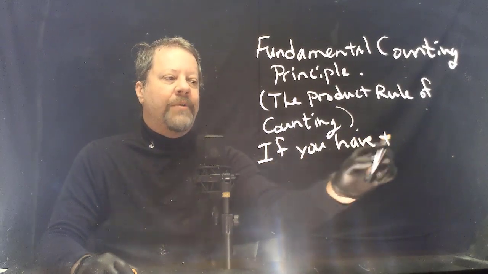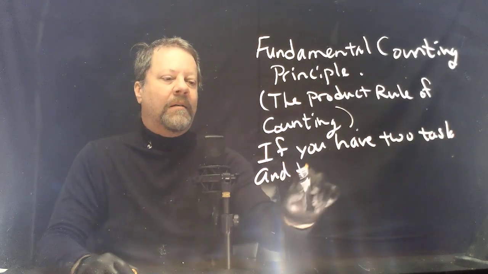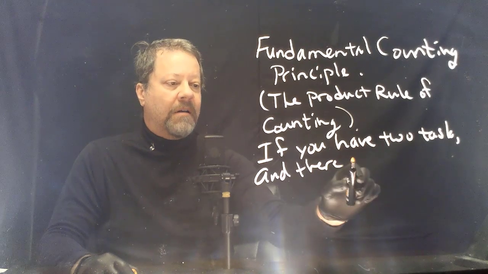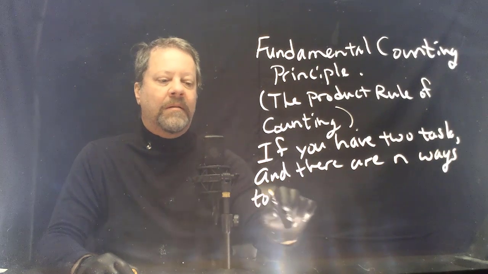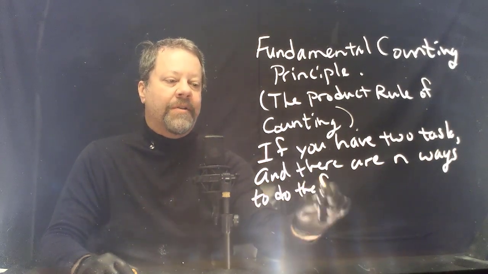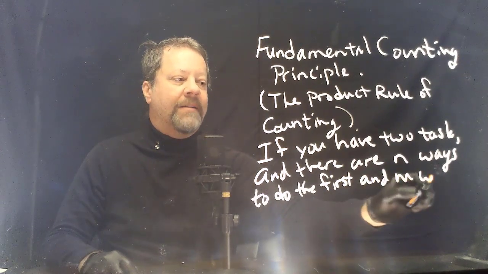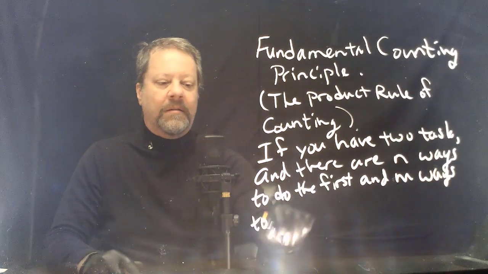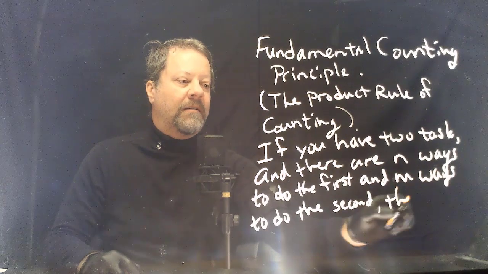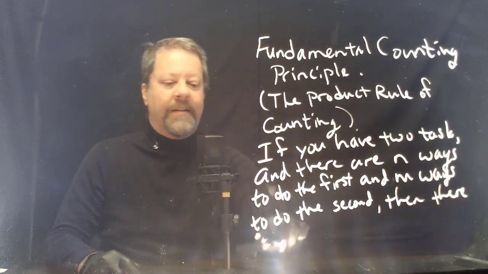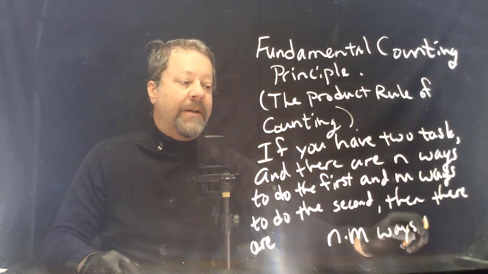If you have two tasks, and there are n ways to do the first task and m ways to do the second, then there are n times m ways to do both.